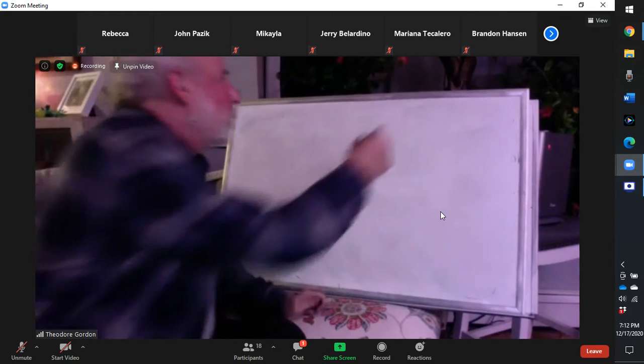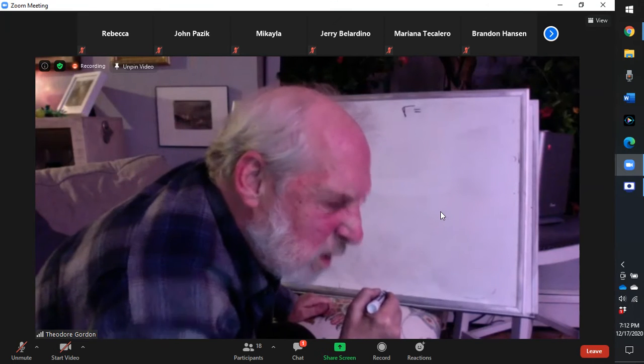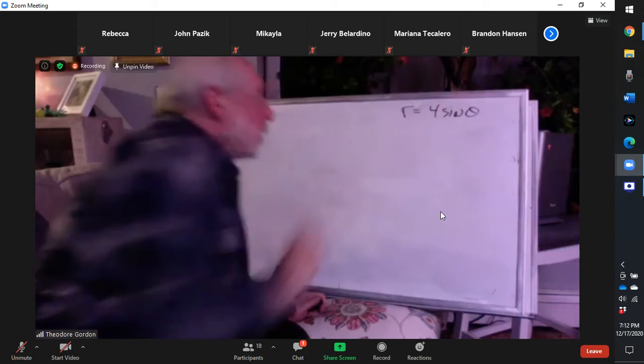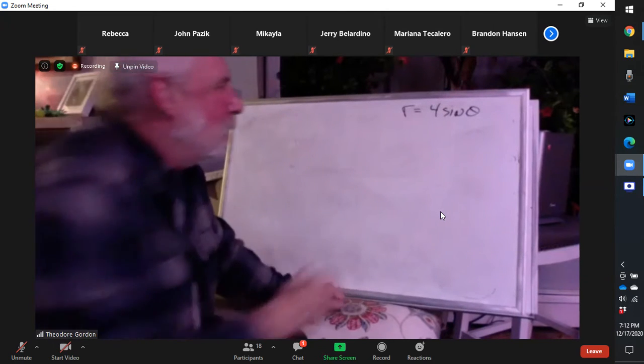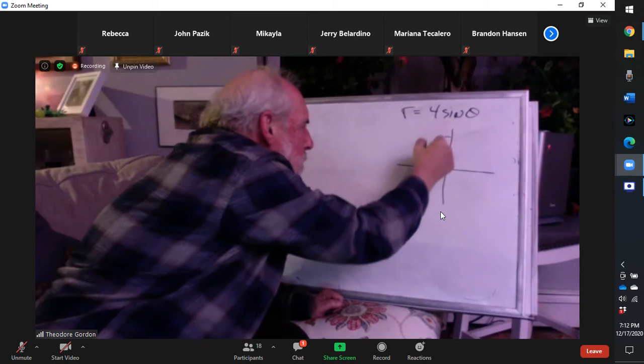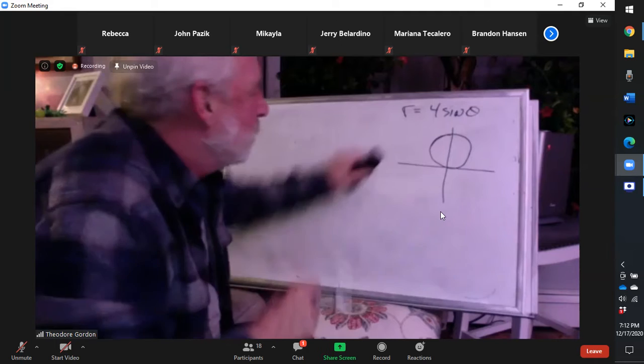Next function. R is equal to 4 sine theta. So there's our function, 4 times the sine of theta. Here's what this looks like. Well, it doesn't really look like that. Hang on.